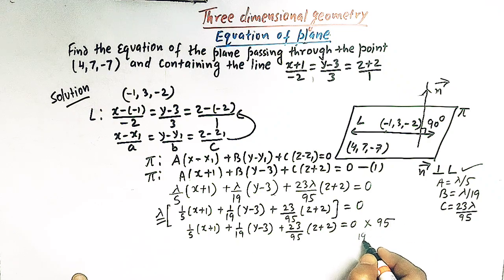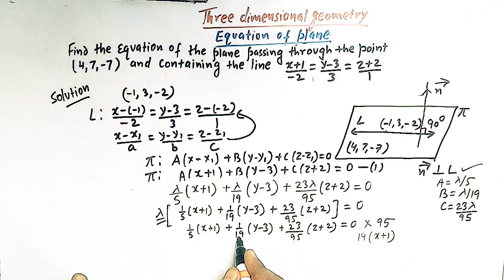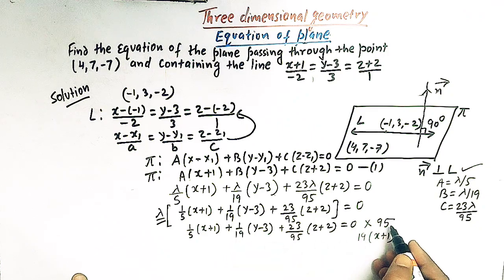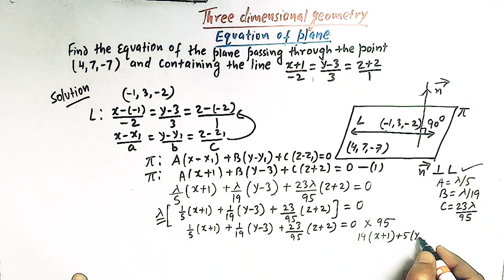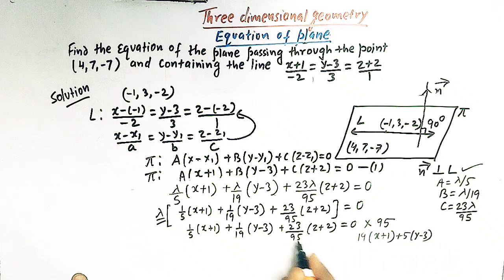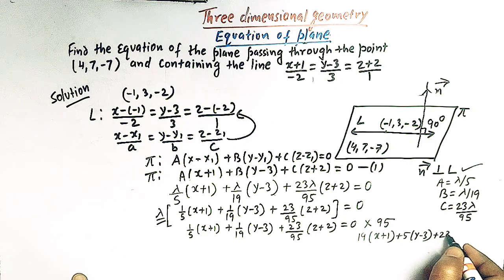So we have 19 times x plus 1, and here we have 19. So 19 times 5 is 95. So here we have 5 times y minus 3, and 95 and 95 get cancelled. So we have here a 23 times z plus 2 is equal to 0.